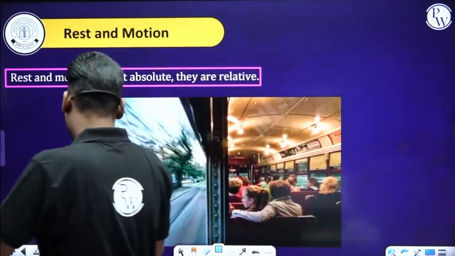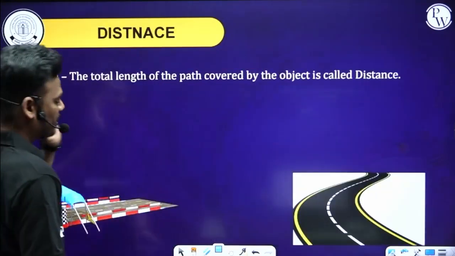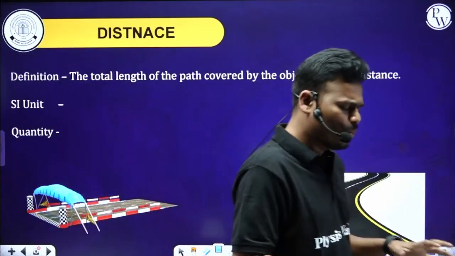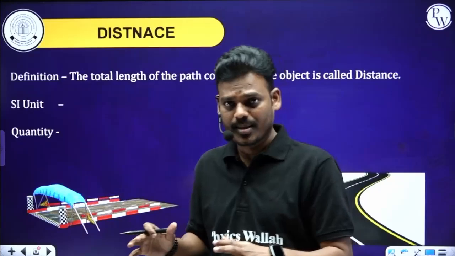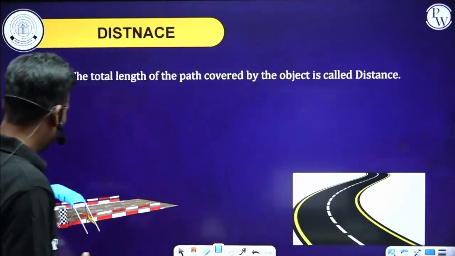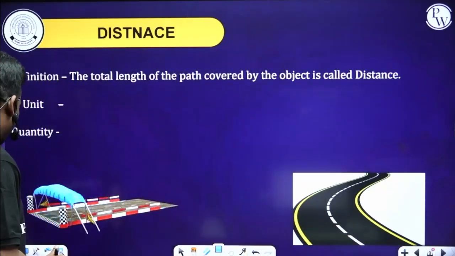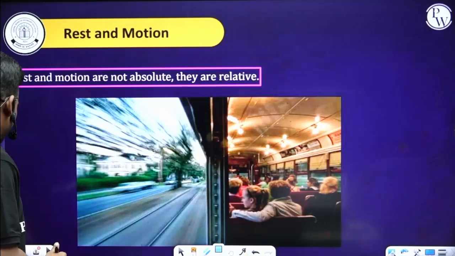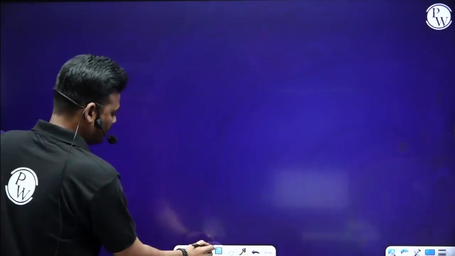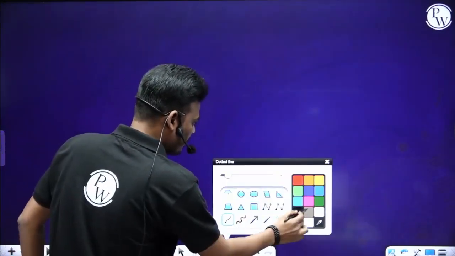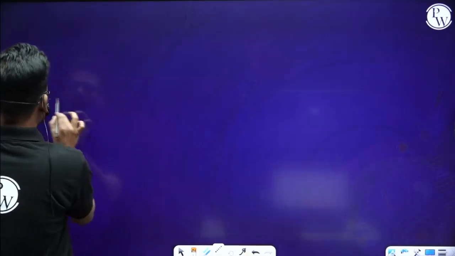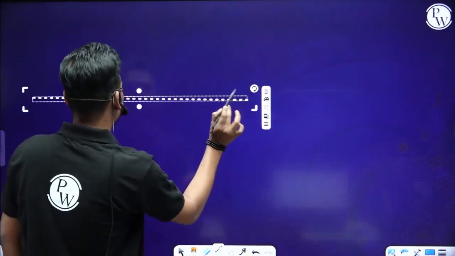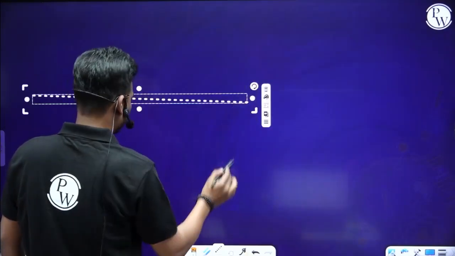Right, so let's move on to the next topic, that is distance. What do I mean by distance? For this also I'll consider an example. This is the path, this dotted line indicates a path.